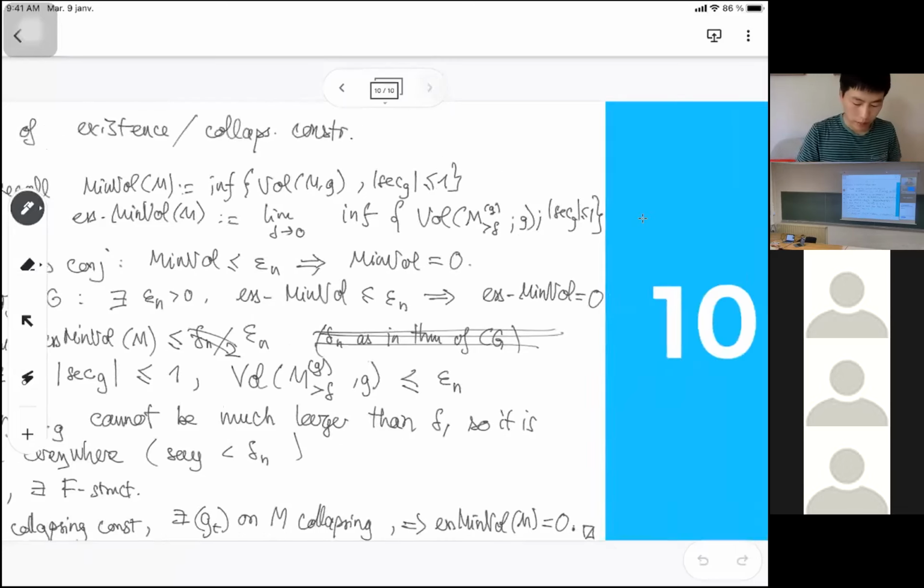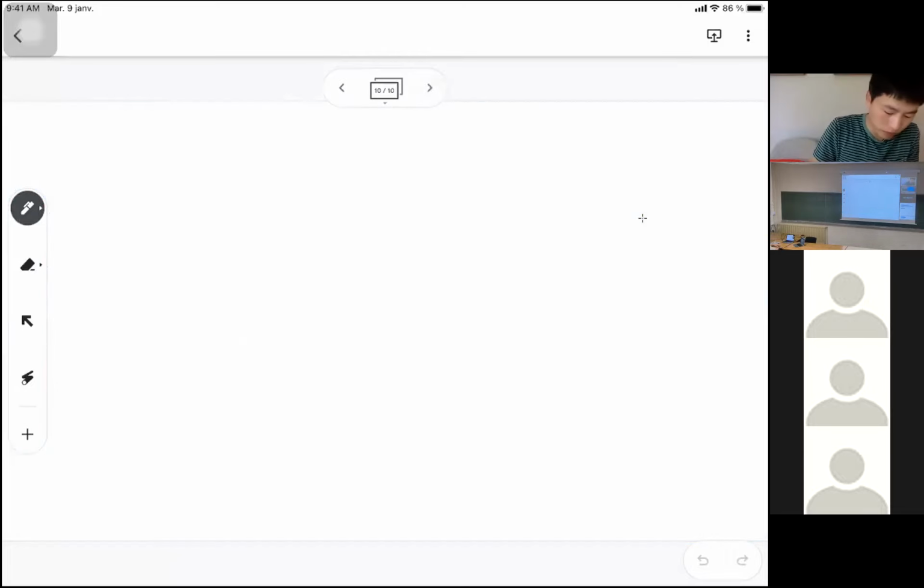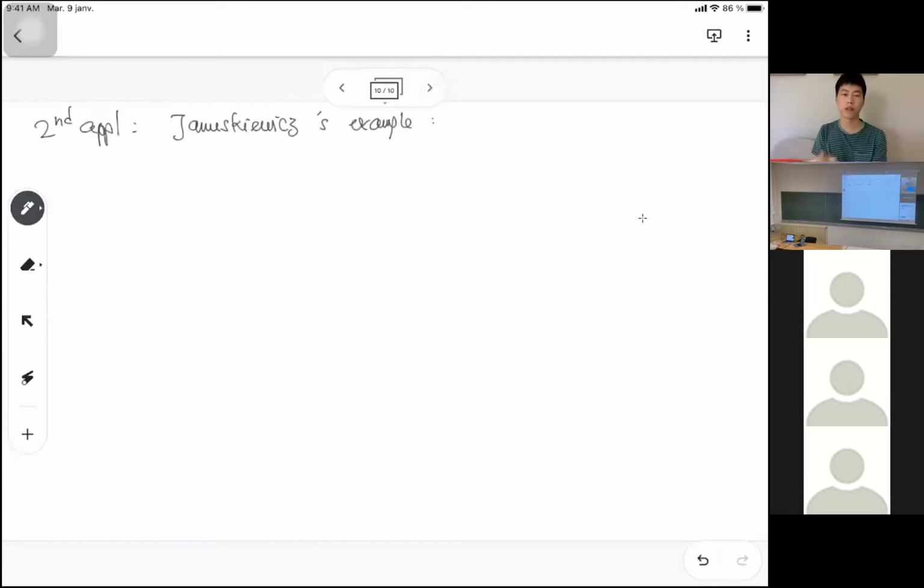All right, second application. The second application is going to be this very strange example of Januszkiewicz that shows that the essential minimum volume and the minimum volume are truly different. Let's call that the Januszkiewicz example. So what is this example? It's a 4-manifold that is closed, oriented, such that the minimum volume is non-trivial, even though the essential minimum volume is 0.